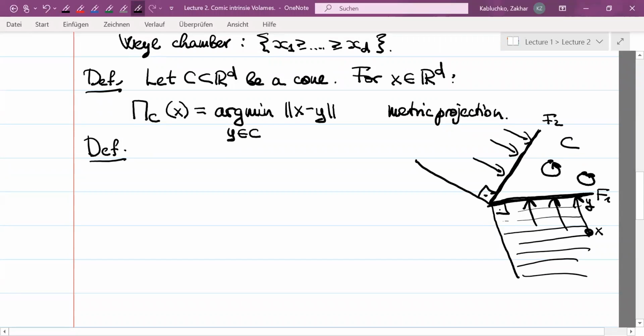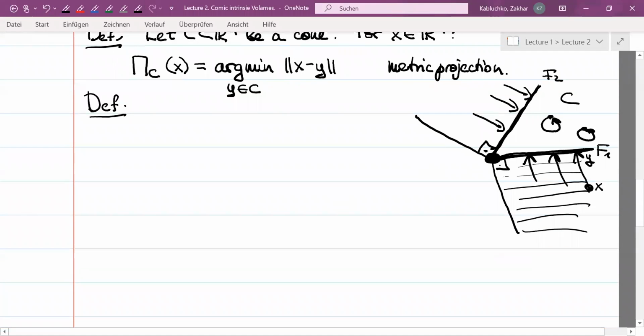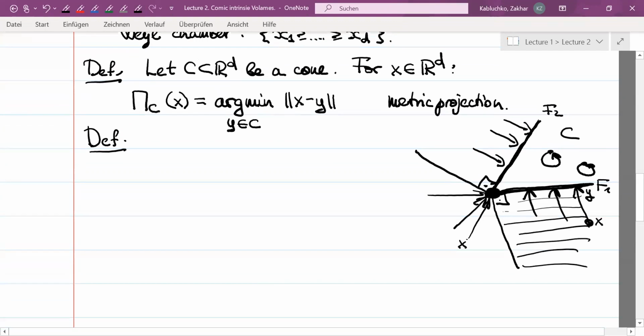And finally, there are also points which are projected to this vertex. All points which are here. So if this is x, it is projected to 0. So there are many possibilities for a point. It can be projected to a face of some dimension.